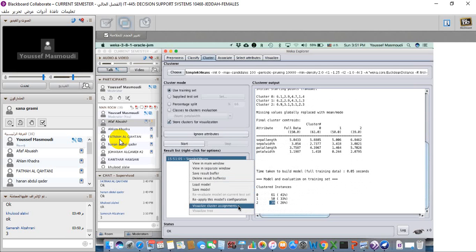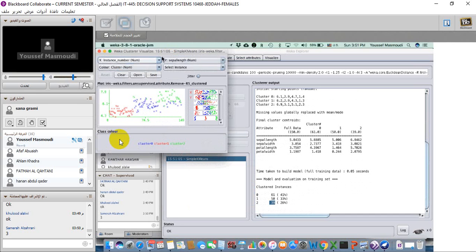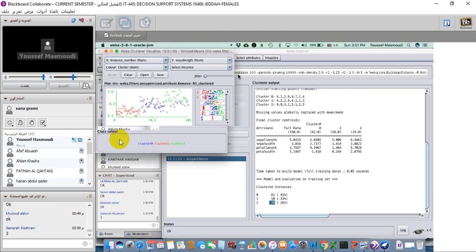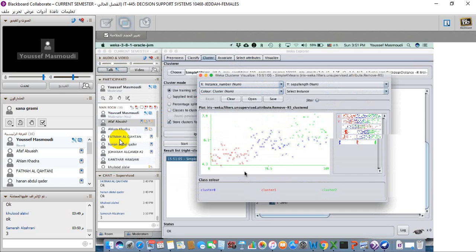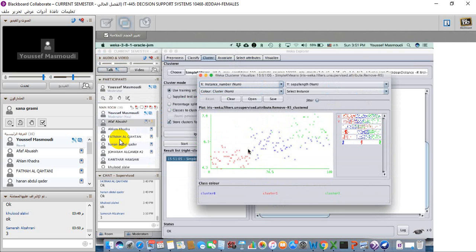I will click on it, and we will have this window. What we have in this window is the classification. These flowers are similar, those in blue are similar, and those in green are similar, according to the K-means algorithm. Okay, so cluster 0 in blue, cluster 1 in red, and cluster 2 in green.